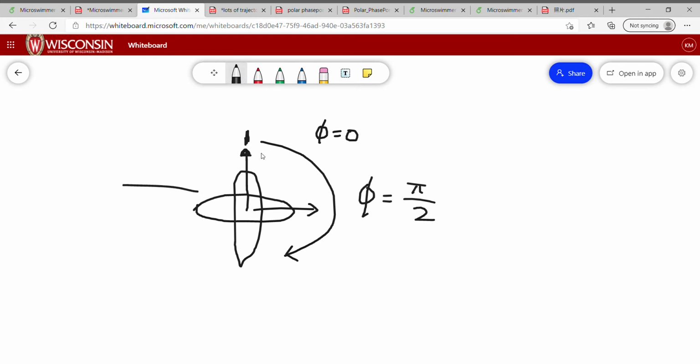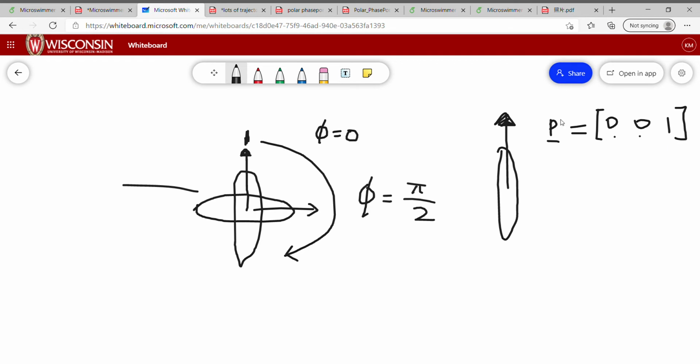If the microswimmer swims in this direction, then we have a p vector of (0, 0, 1), because it's pointing up. There's no x component and no y component, only a z component. It has to be normalized, so it's (0, 0, 1).